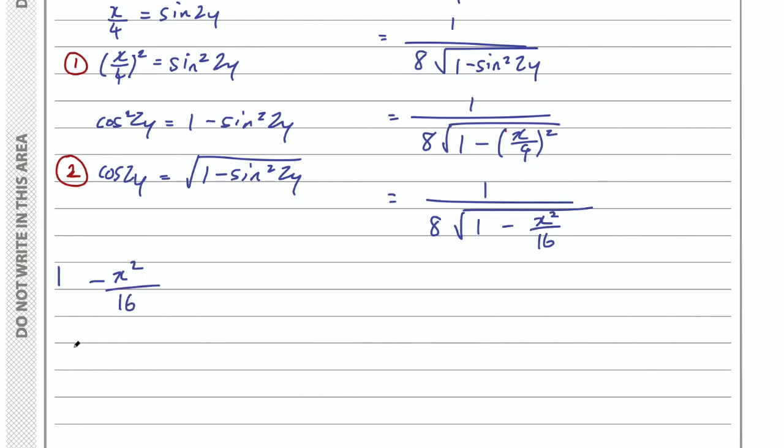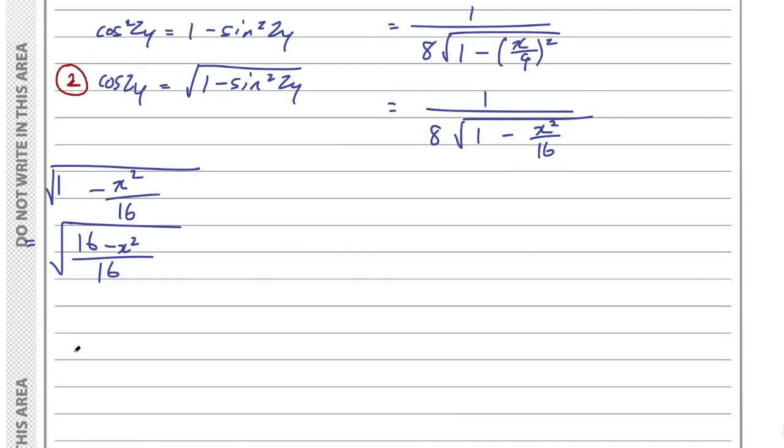If I want to simplify this, well, find the common denominator at 16, so this would be 16 take x squared on 16. And then if we're taking the square root of all this, take the square root of 16 in the denominator, this would be 16 take x squared in the numerator over 4. And then if I plug that in here, this would equal 1 over 8 multiplied by the square root of 16 take x squared on 4.